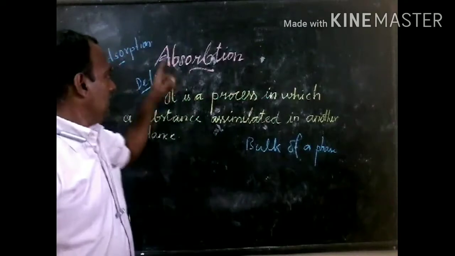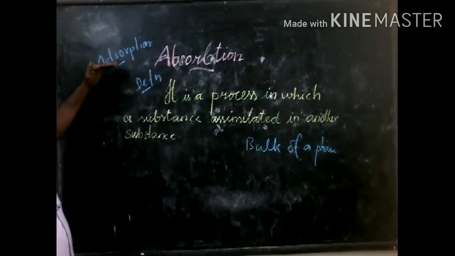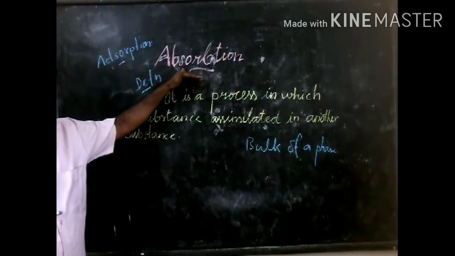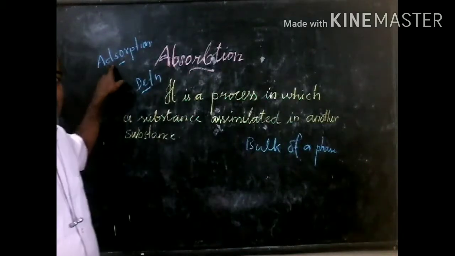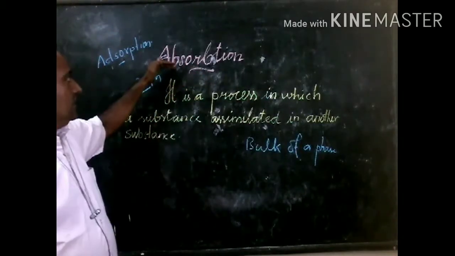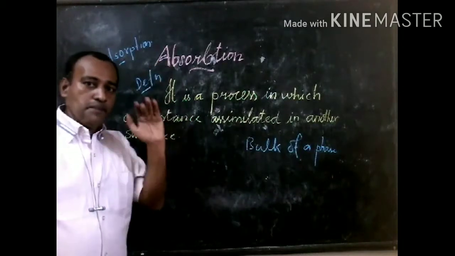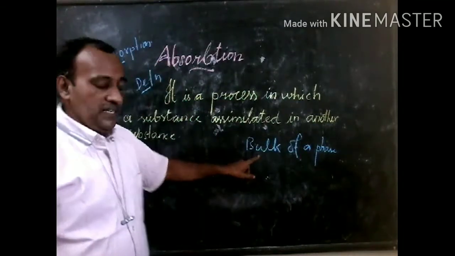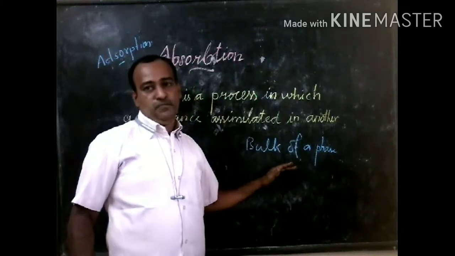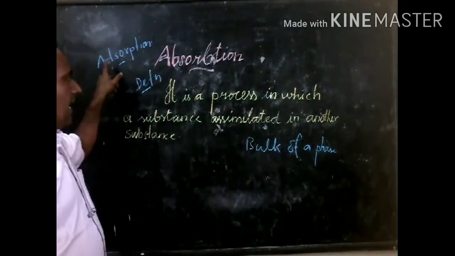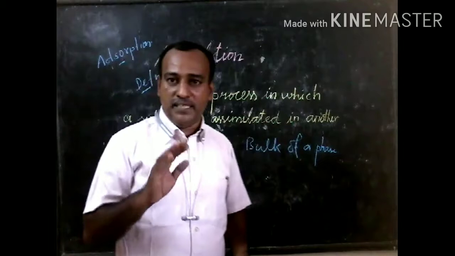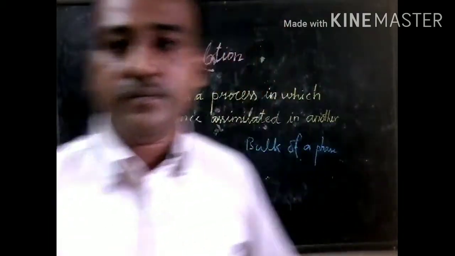You have to understand the differences between adsorption and absorption. The spelling AD is called adsorption. AB is absorption. Absorption takes place in the bulk of the phase, whereas adsorption takes place on the surface.